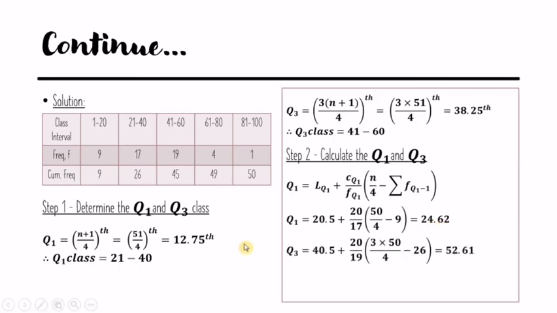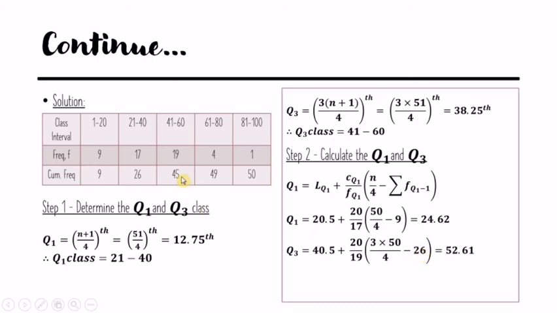And then you get Q3. This Q3 class is 41 to 60. The lower boundary is 40.5 plus the class size of 20 divided by 19, which is the frequency for the Q3 class, and then 3/4 times 50, where 50 is n, minus 26.